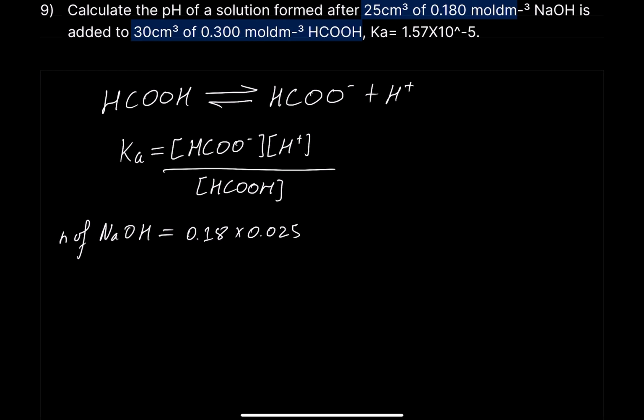I always forget to write 25.0 centimeters cubed and 30.0 centimeters cubed, because that's how they have it in the question. I could leave it as two significant figures. I'll probably change it later. Anyway, we'll see towards the end. I get my calculator out, so 0.18 multiplied by 0.025 is going to be equal to 4.5 times 10 to the power minus 3.